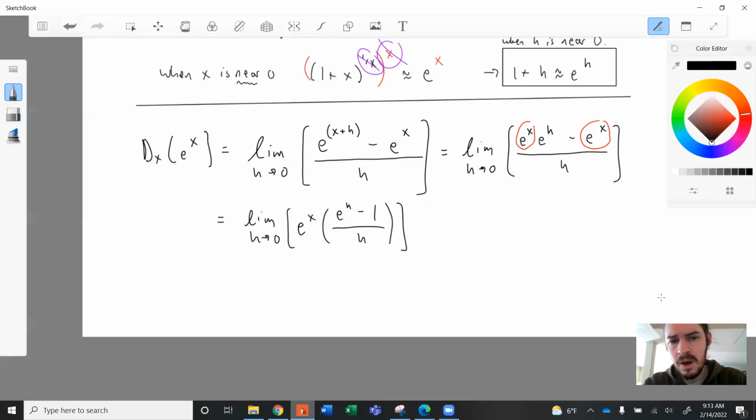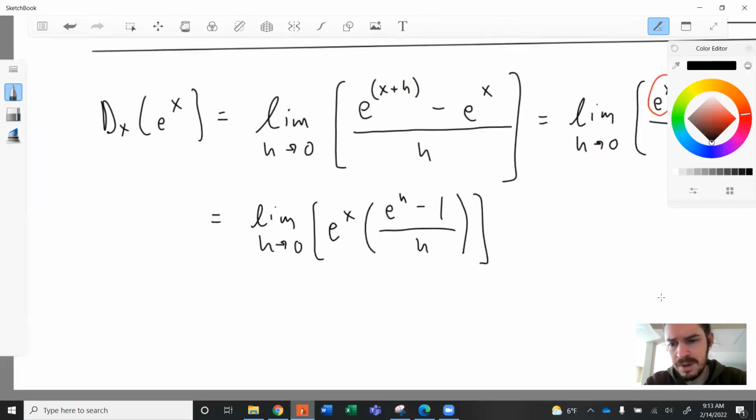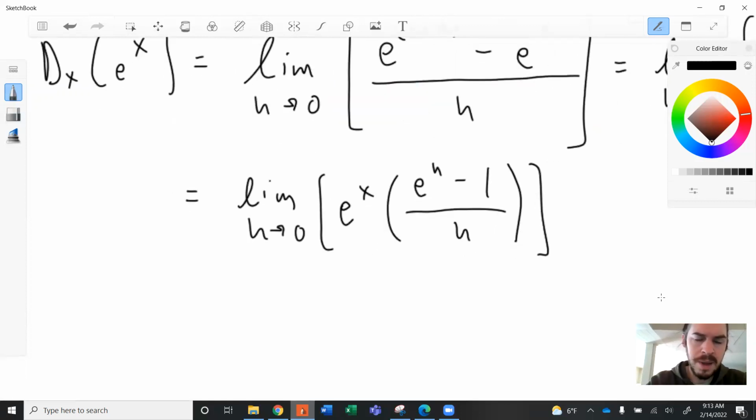Now, here's something that we've talked about before when we were looking at the derivative of the sine function in a previous video. Since this limit is with respect to the h variable, that's what we're paying attention to, like what happens as h approaches 0. Any factor within there that doesn't depend on the value of h can be treated as if it is constant with respect to this limit.